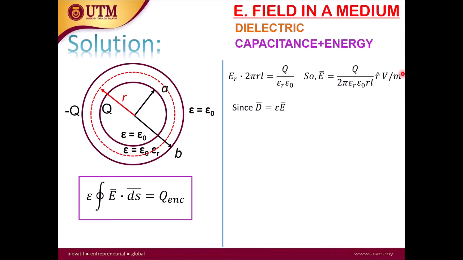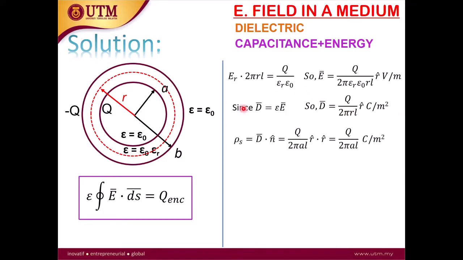Next, to find the D field, since D equals epsilon E, we multiply the E field with epsilon, which is epsilon r epsilon naught. So our D field equals Q divided by 2 pi rL in the direction of r, coulomb per meter square.